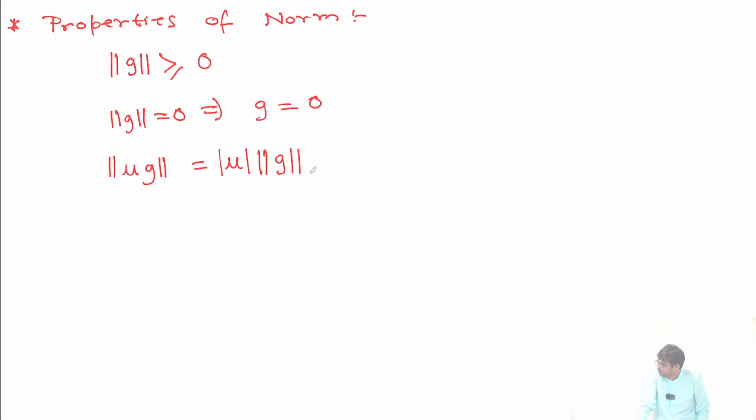Mod is coming because of non-negativity, and these are properties of norm that you are already aware of in the vector space, or for a vector. Same thing holds for a function. The only thing that changes is the definition of norm, because now it is a function of the PDF, right? Fine, good. These are the properties of the norm.